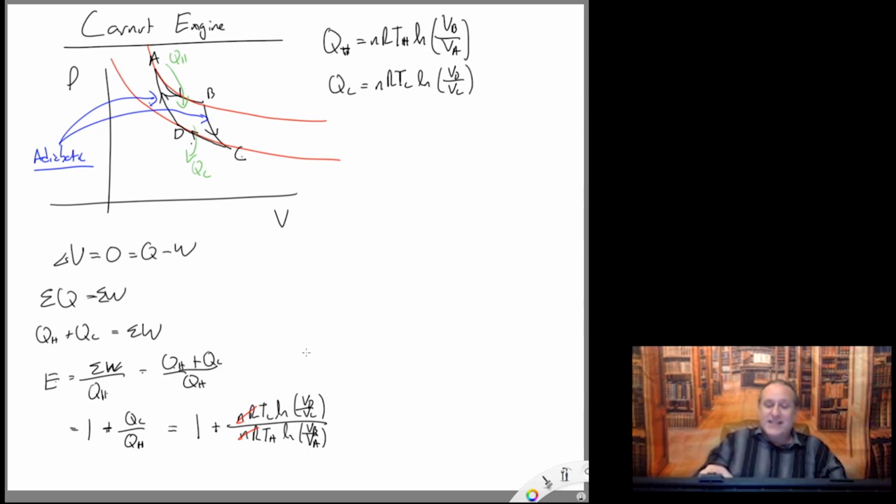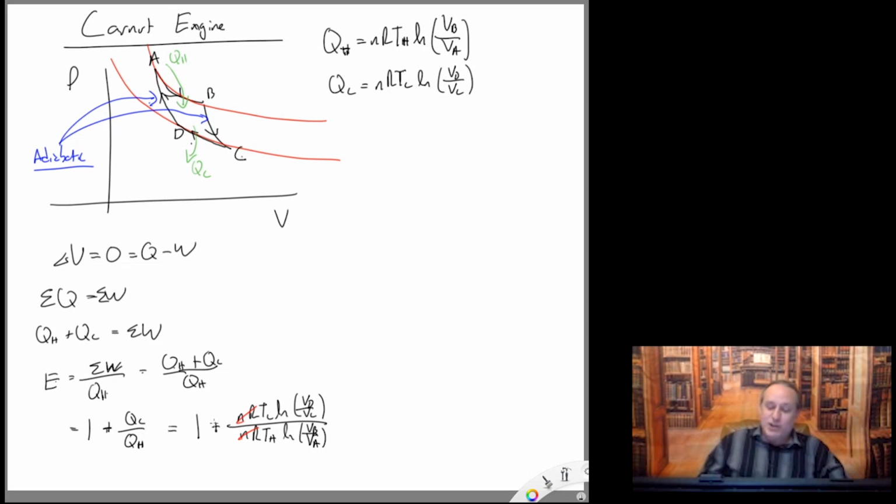So if I look at VD over VC, the volume D is smaller than the volume C. So on the top, this is going to be natural log of a number less than 1. It's going to give me a negative number. And on the bottom, VB is bigger than VA. And so we're going to get natural log of a number bigger than 1, or a positive number. So ultimately, we get a negative number out of this thing.